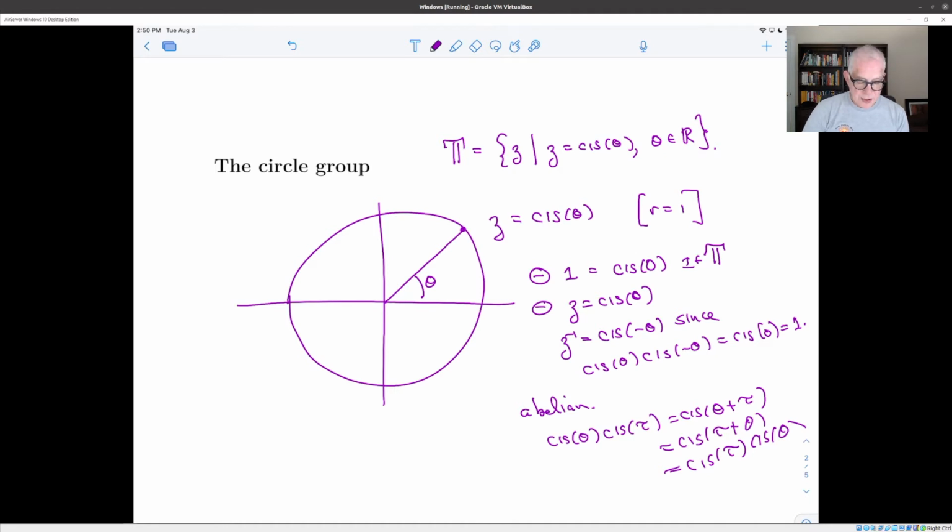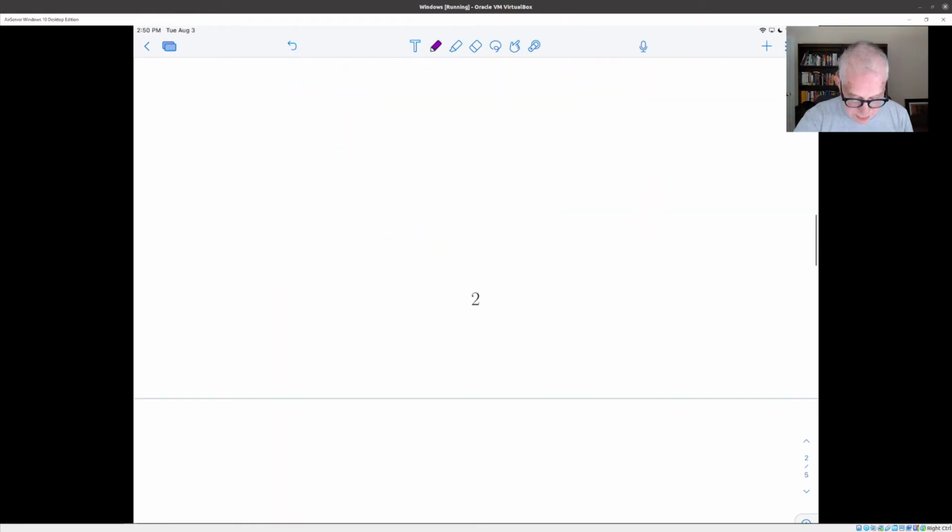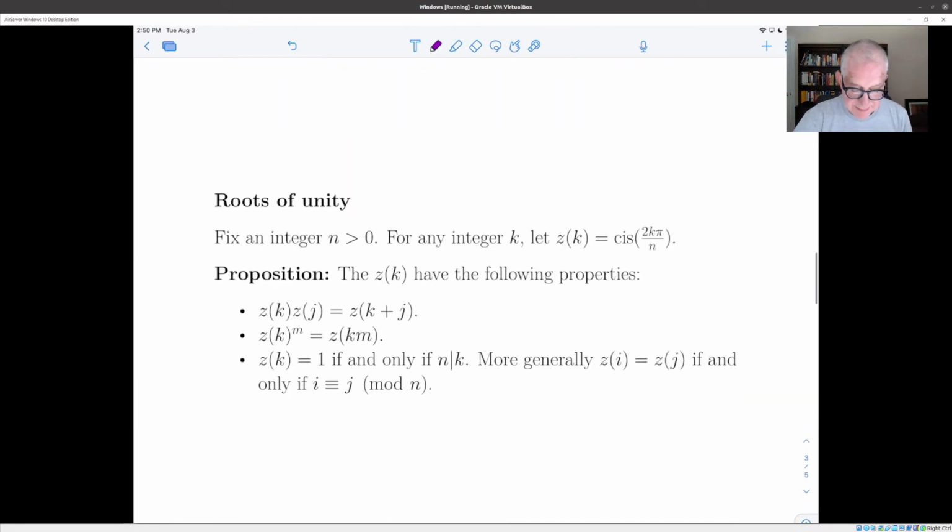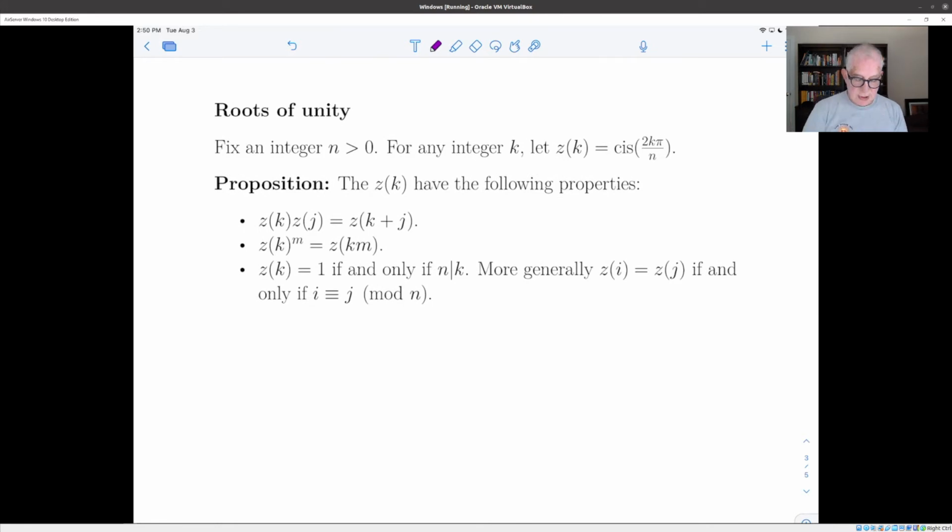But we're going to be interested actually only in some, at least for now, only in some of the elements of the circle group. And those are called the roots of unity. So they correspond to complex numbers z of k, where the angle is a fractional multiple of 2 pi.